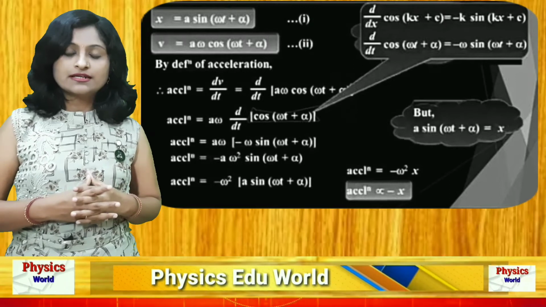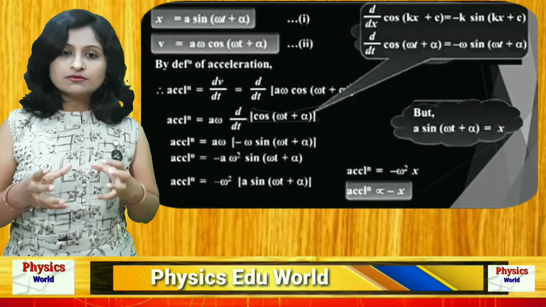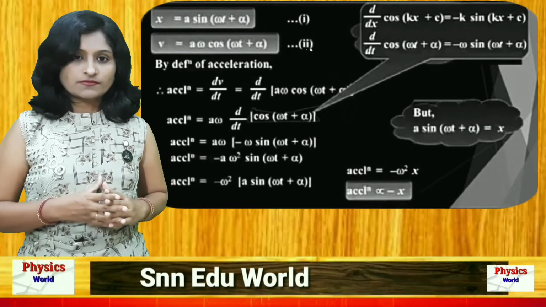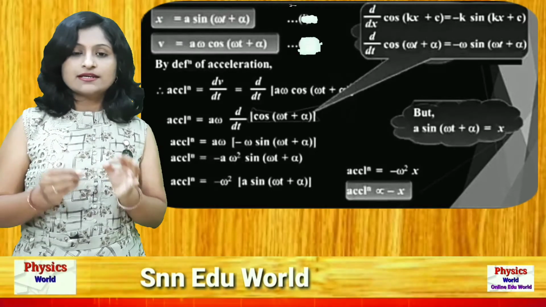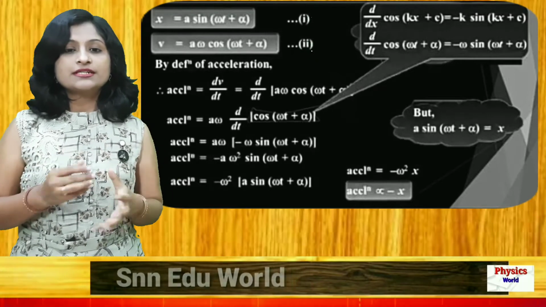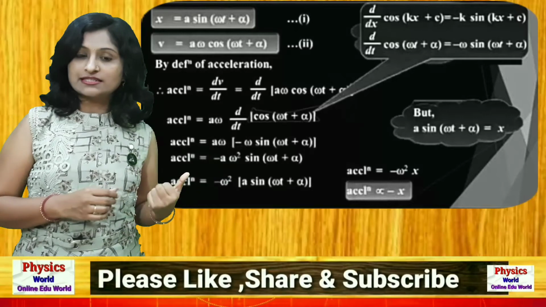Now observe here clearly: except for minus omega square, what is the remaining term? A sin(omega t plus alpha). But it is nothing but the displacement x. So we can replace this in the acceleration.